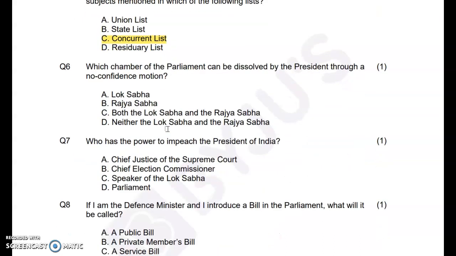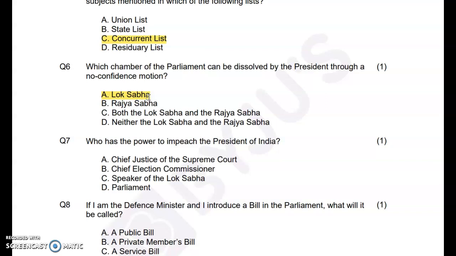Which chamber of the Parliament can be dissolved by the President through a no confidence motion? Lok Sabha, Rajya Sabha, both the Lok Sabha and Rajya Sabha, or neither the Lok Sabha nor Rajya Sabha. Answer is A. Lok Sabha. The Lok Sabha functions as a temporary body that serves for a term of 5 years.